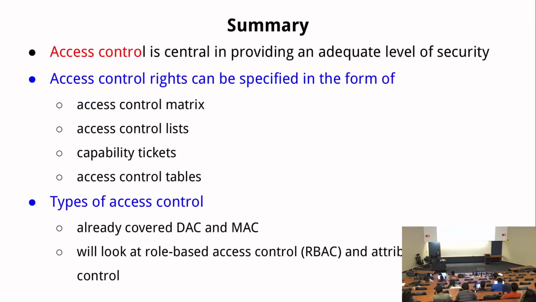Also, Friday, we're going to look at another very important model called role-based access control. That model was published back in, I remember, the 80s. Actually, it's my academic grandfather, basically my PhD advisor, who came up with the role-based access control model, RBAC. So we are going to talk about that this Friday.